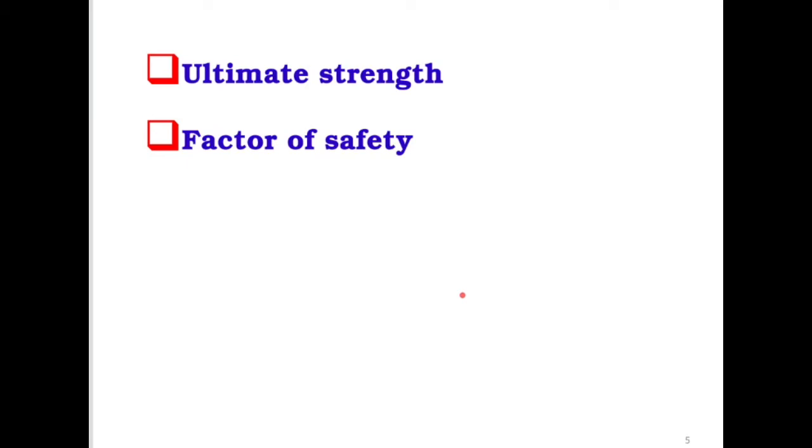That's why we keep some allowance, a little bit of flexibility, meaning we choose a factor of safety, so the conductor will operate at a tension which is much lower than its ultimate tension.